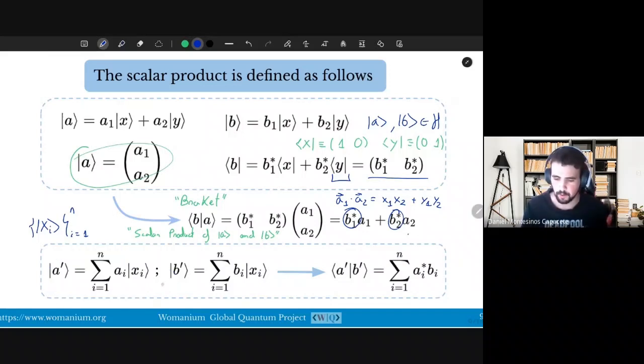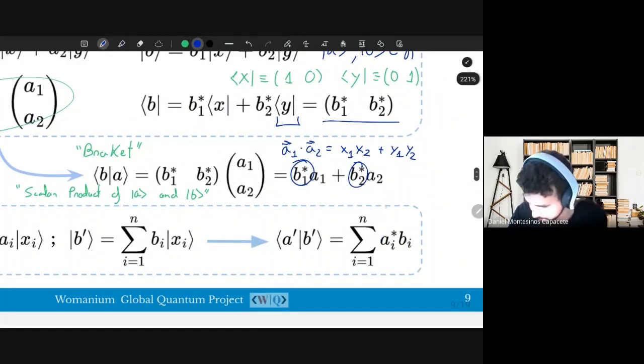So you have these two vectors, and the scalar product is going to be denoted in this way. It's just the bracket. In this case, I have put this vector as the first one, so you just multiply the corresponding coordinates. This is A1 complex conjugate times B1, and you sum until you get AN complex conjugate times BN.